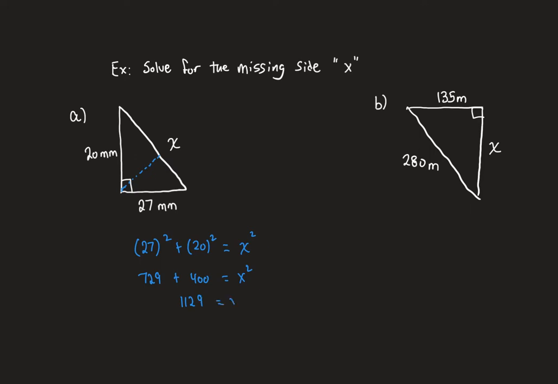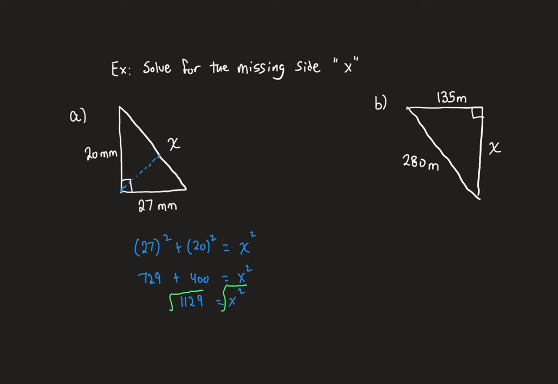Now, a common mistake that people make is they would leave it at this point and say, okay, I'm done. Well, that's the thing, though. You didn't solve for the x. You solved for the x squared. You want to get this x by itself, in which case you want to get rid of the squared. To get rid of the squared, you want to put a roof over both sides, the square root, as they say.